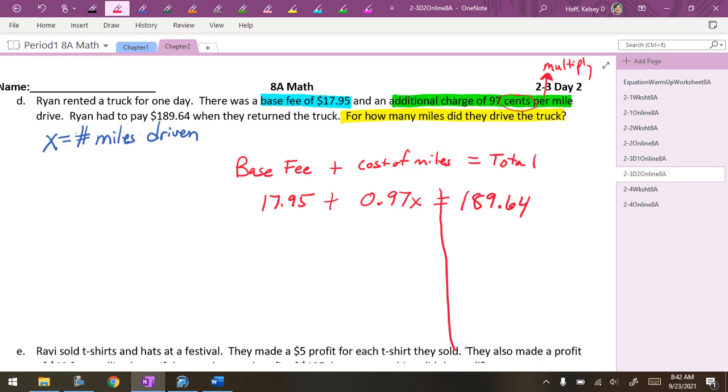What's your first step? What's the first thing you're going to do?